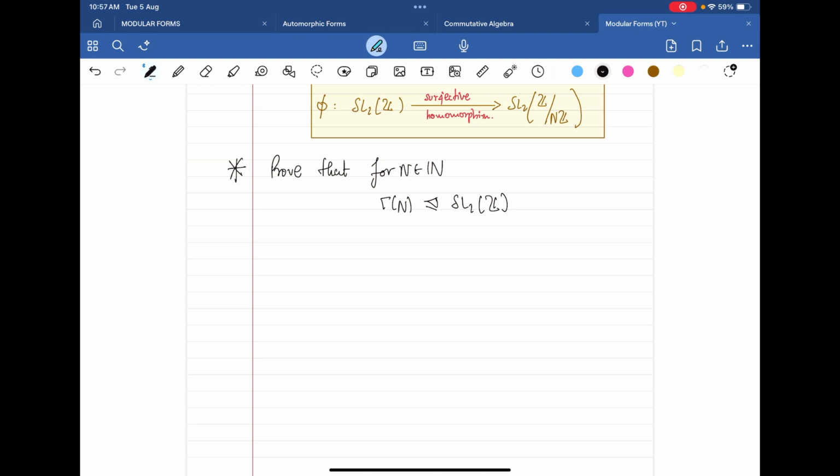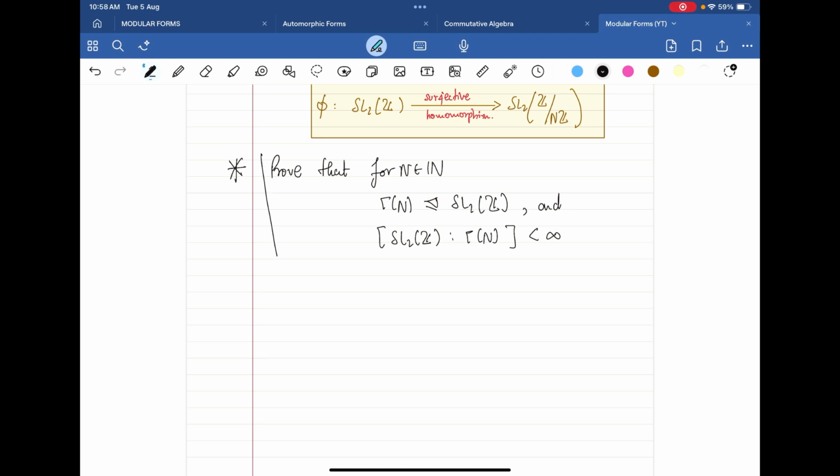And then we also want to say that the index of the subgroup gamma n is finite, and later we will calculate the exact index of gamma n.